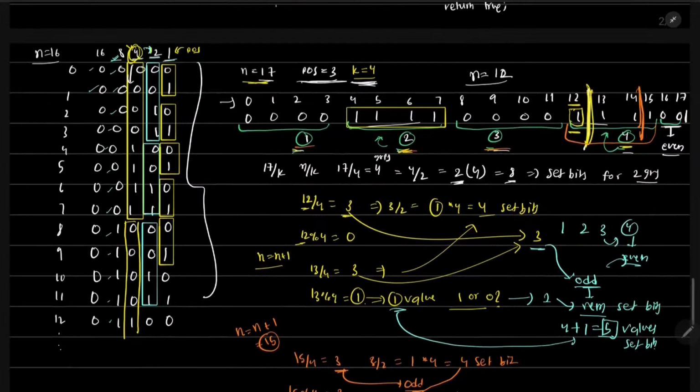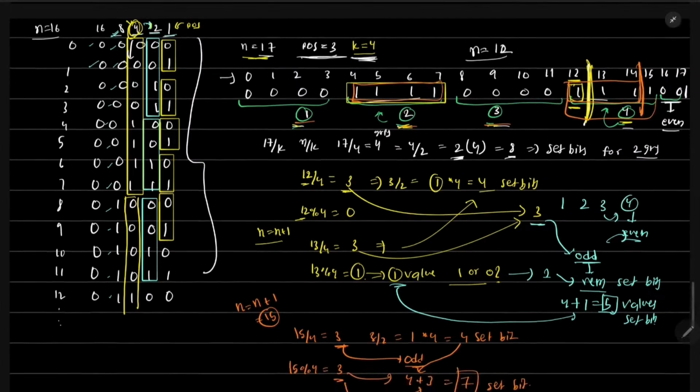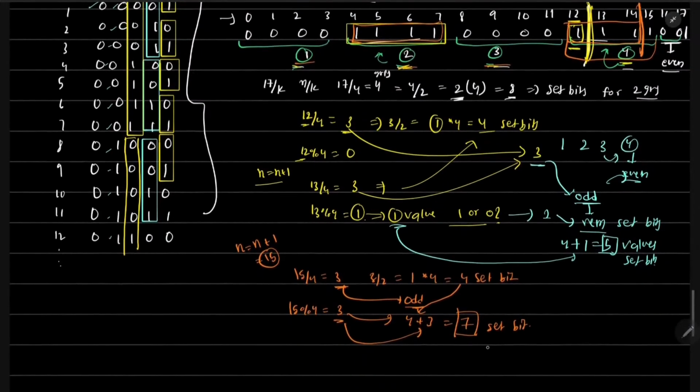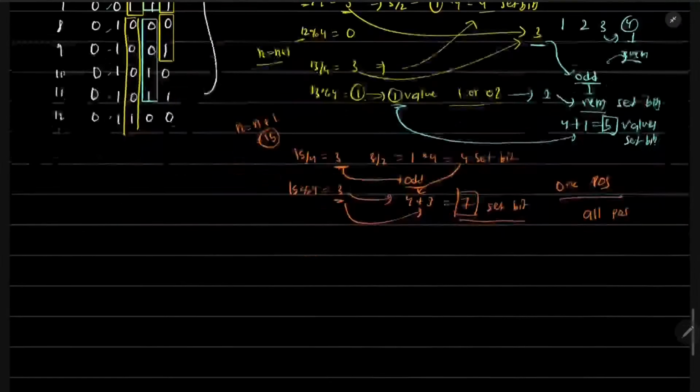If you count here, these are 4 and these are 3. 4 plus 3 is 7. That's how we calculate the set bits for one position. We have to do this process for all positions, right? So we can write the code now.